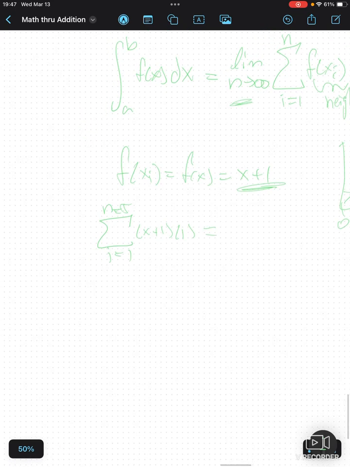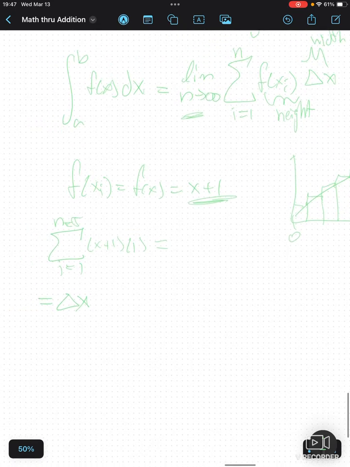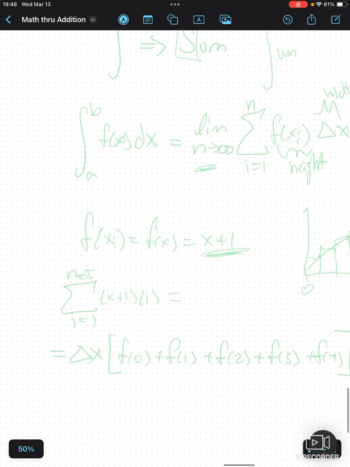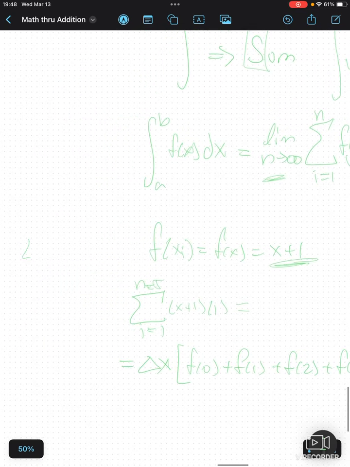Well, now we have these, so let's add them together. This is going to be equal to delta x times f of 0 plus f of 1 plus f of 2 plus f of 3 plus f of 4. And excuse me, I have to get this delta x. It's (b minus a) over n.